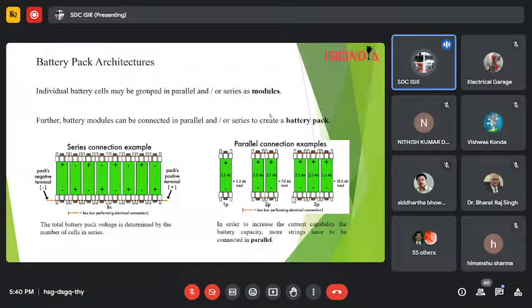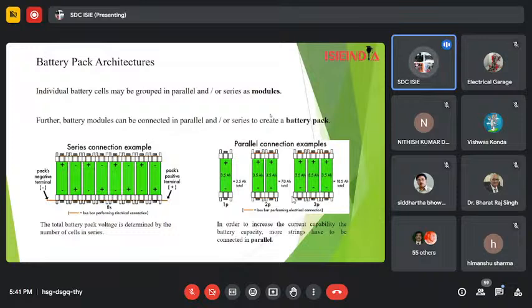Inside a battery pack there are thousands of cells, so we can't group all those cells in a single module. We need to form small modules and then connect them, in series or parallel, to create the battery pack.